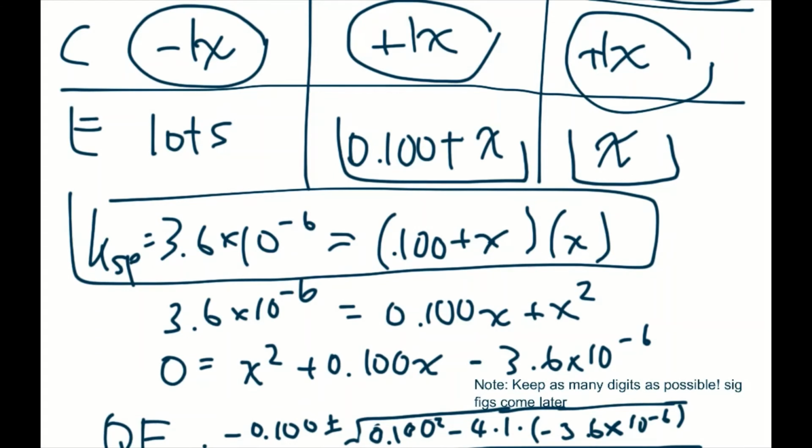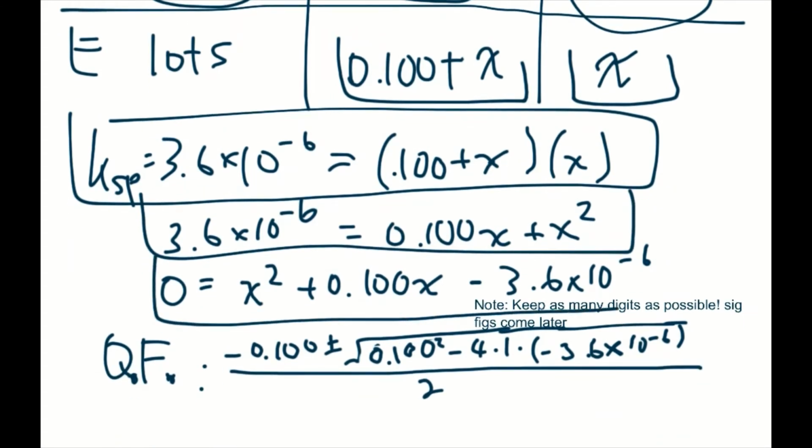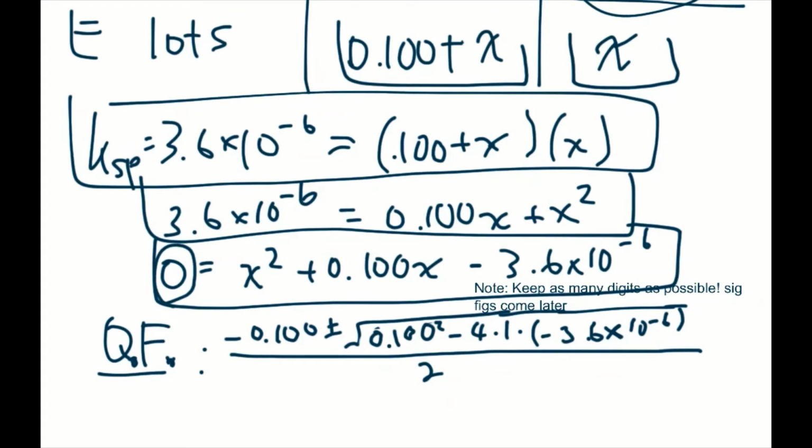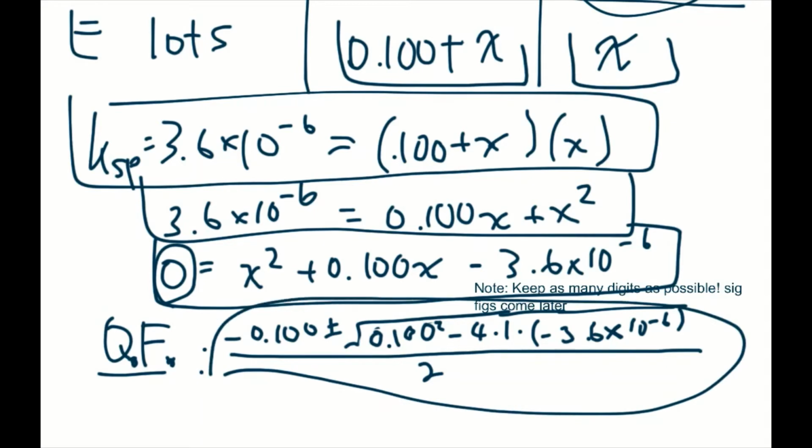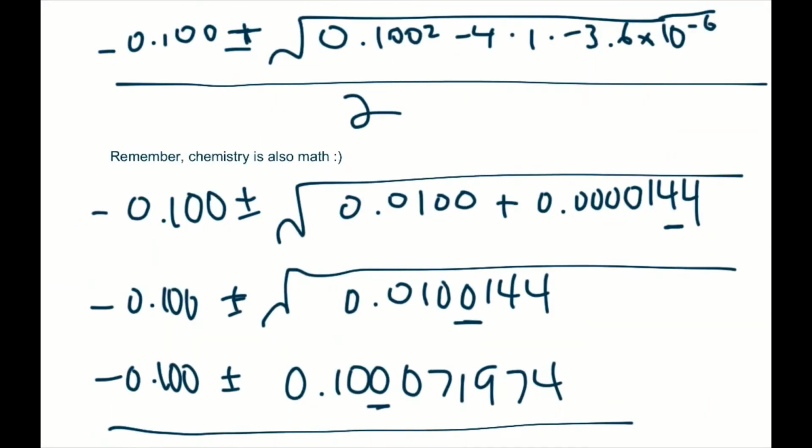And we move things around and simplify things, and then move things around again to get a quadratic expression, and we use the quadratic formula to solve for x when everything is set to 0. So all this is what we need to figure out. And on the next slide, I will teach you how to keep track of your sig figs very carefully.